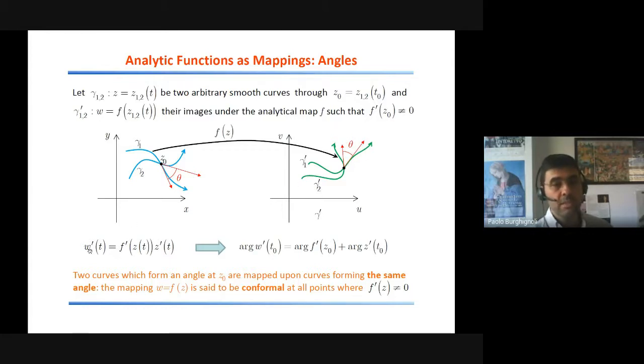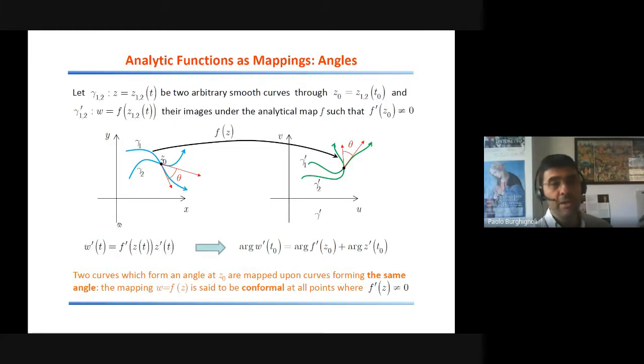Now, again by the chain rule, the derivative of w with respect to the parameter t, so w prime of t, is equal to the product of the first derivative of the analytic map f times the derivative of z with respect to the parameter.